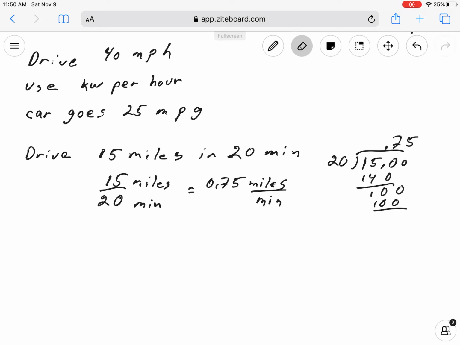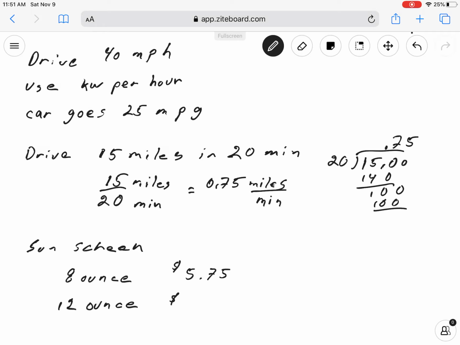And we can either buy an 8-ounce bottle or a 12-ounce bottle. And the 8-ounce bottle costs a total of $5.76. The 12-ounce bottle costs us $8.88.